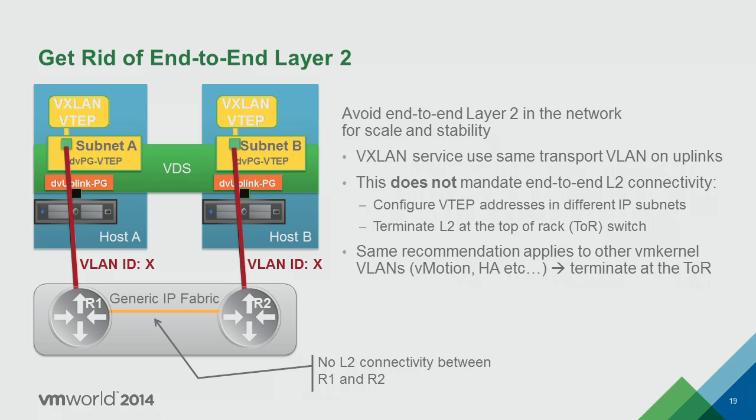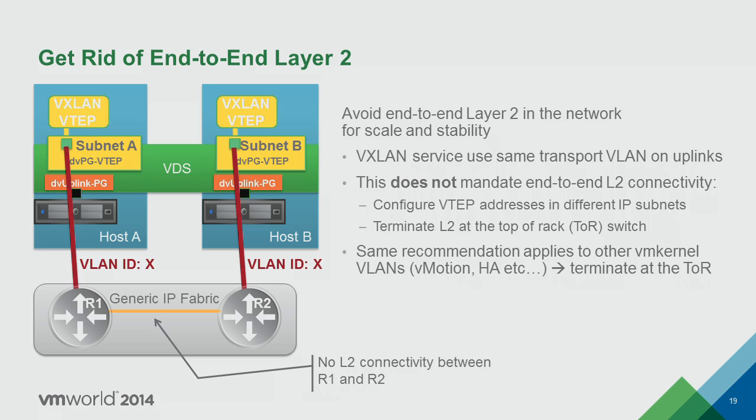Again, a local problem means global failure at layer 2. So if your layer 2 domain is very small, well, local failure means local failure too. That's why you want to reduce the span of your layer 2 network. And by the way, this recommendation applies to not only the VXLAN VTEP traffic, but to all your other VM kernel interfaces. So earlier on, it didn't make any difference because you needed L2 connectivity for your VM traffic.